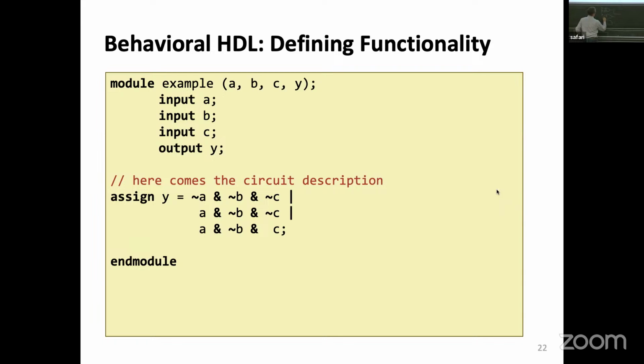B, C, A, B, C, and then all these go out into an OR gate, and then they go out. I mean, if you look at it, A and B and C, A and B and C, A and B and C, or. So, okay, I made a 3-input thing.